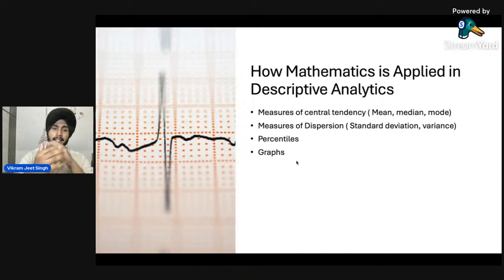Let's say I am having my score, which is 85, friend is having 90, friend 3 is having 95, friend 4 is having 70, etc. To understand how much, on an average, the score of each friend differs, or how much the friend circle differs in total from each other, how much is the average gap between the scores of all our friends, for that we use measures of dispersion. For that, standard deviation and variance are the majorly used ones.